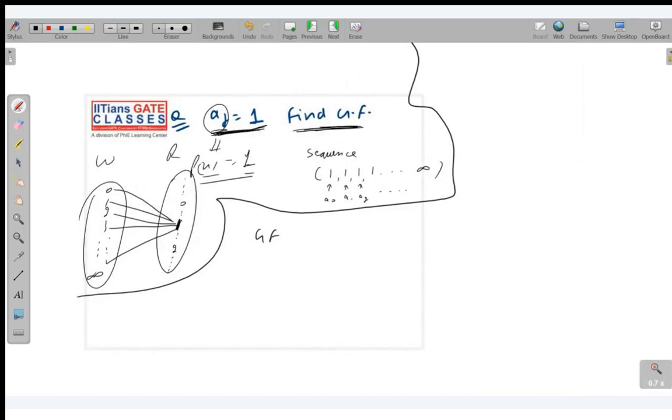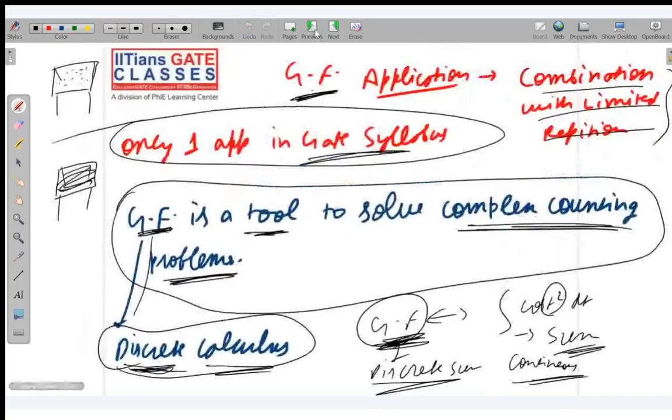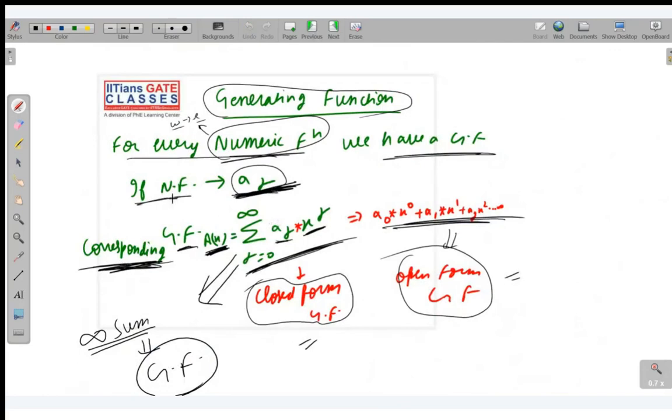Corresponding to every numeric function we have a generating function, and the generating function is represented by A(x), and the formula was sigma r equal to 0 to infinity a_r multiplied by x power r. This a_r is your numeric function. Definition was this only. Then corresponding to the numeric function, generating function was sigma r equal to 0 to infinity a_r into x power r.